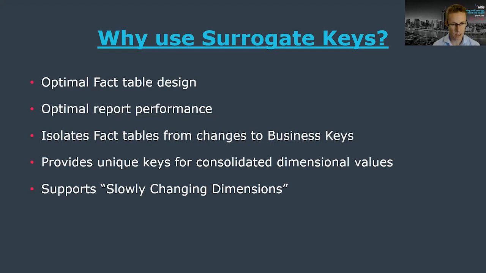If you cast your mind back to our product dimension where we had our business key of BEV001, BEV002, etc. If we were, for whatever reason, to change our operational source system, and those beverages in that operational source system had a primary key, which is our business key in our dimension, that changed to something that was 1, 2, 3, 4, rather than having to go and update every instance of 1, 2, 3, 4 in all of our fact tables, all we're doing is making that one change in our dimension table.